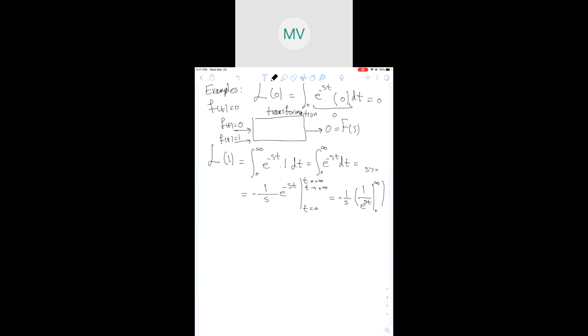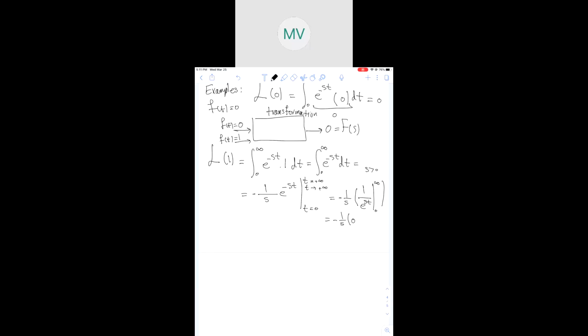I have a question for you now. I'm going to repeat it again. The limit of 1 over e to the st when t approaches infinity. Assume s is 1. It's 0. Right?